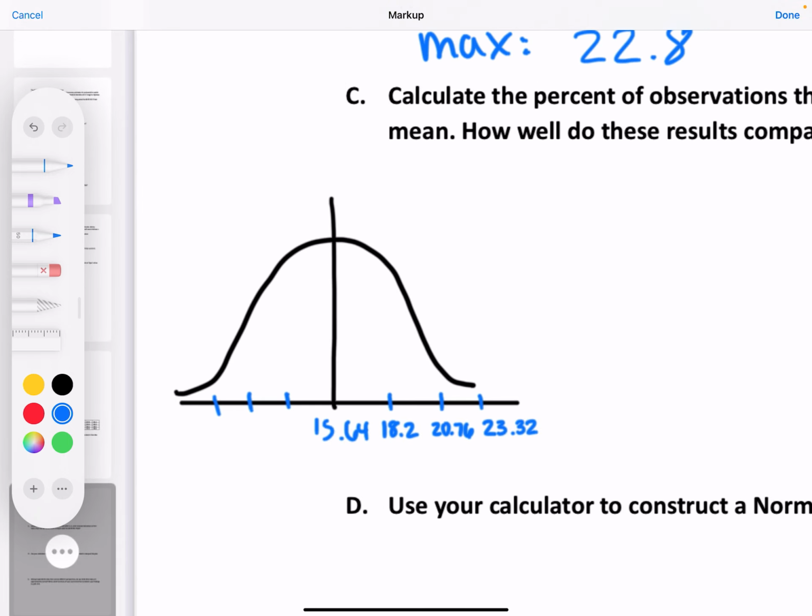And then you just have to subtract to go the other way. 13.08 and 10.52 and 7.96.